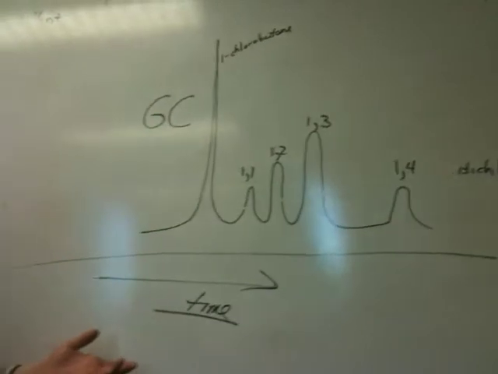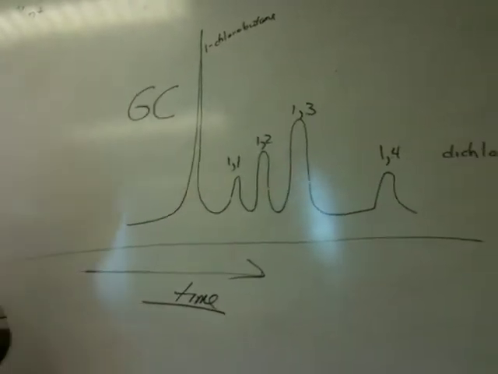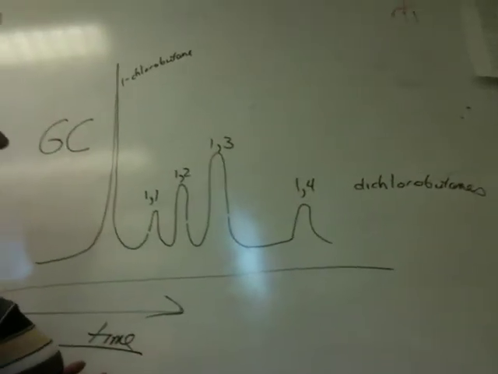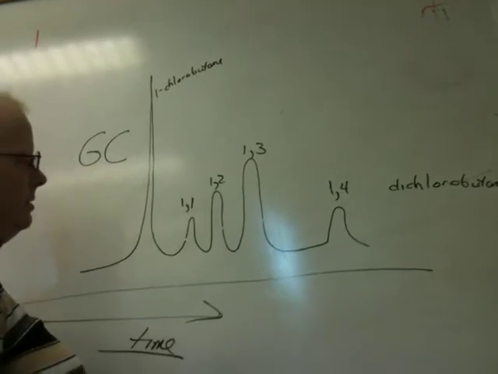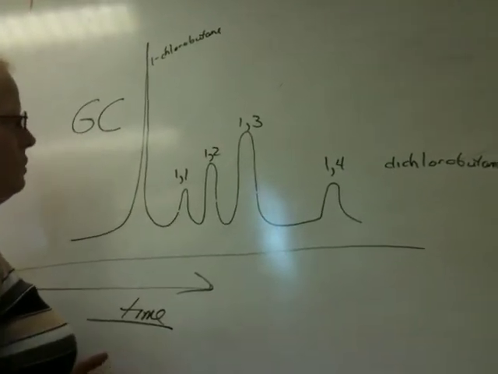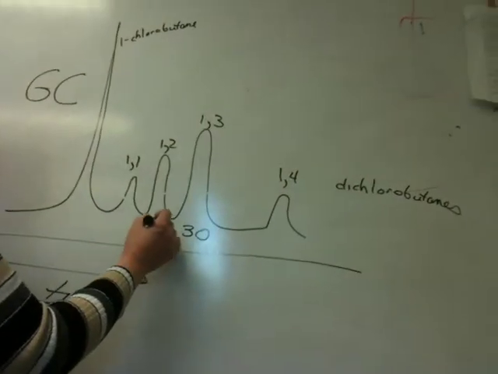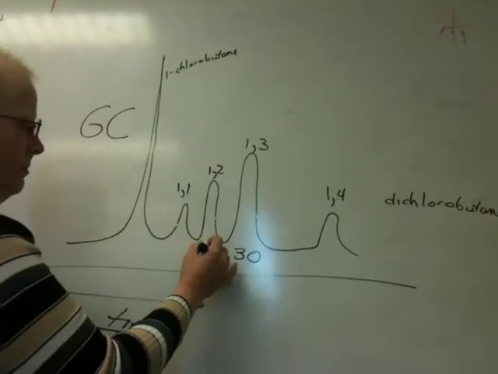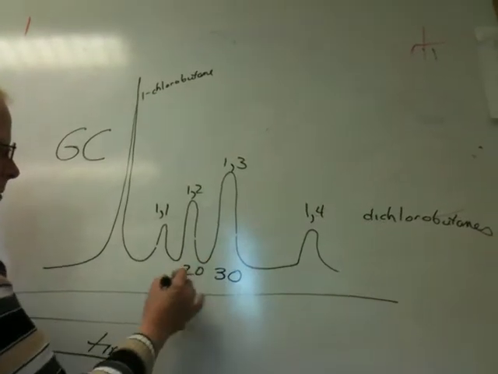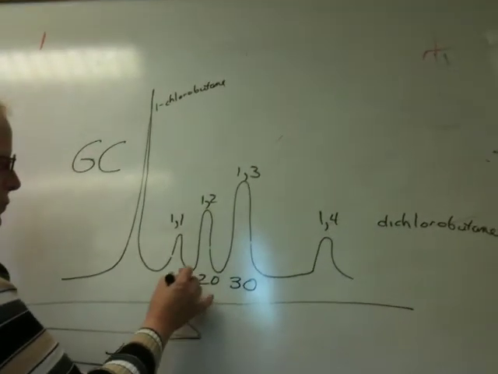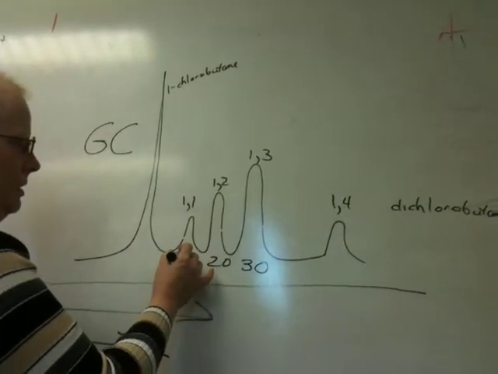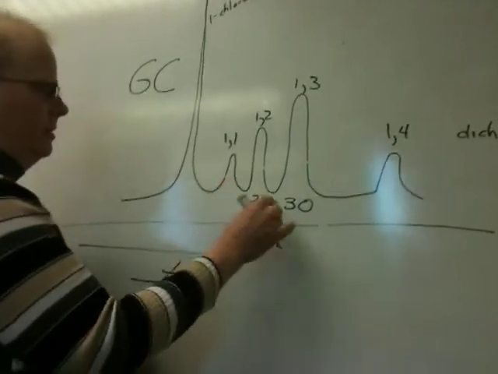I'm going to make up some data. I probably shouldn't do this. I'm going to get myself in trouble, no doubt. But let's say you had like 30% of this, 20% of that. Let's make it higher.